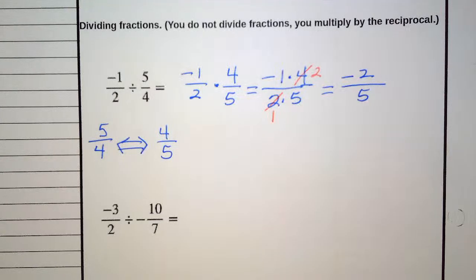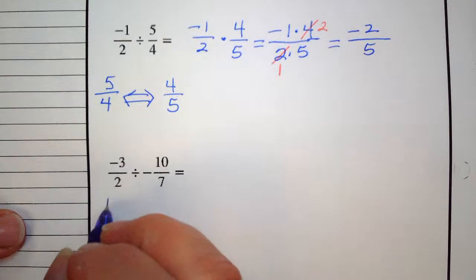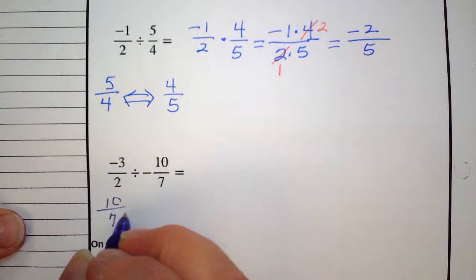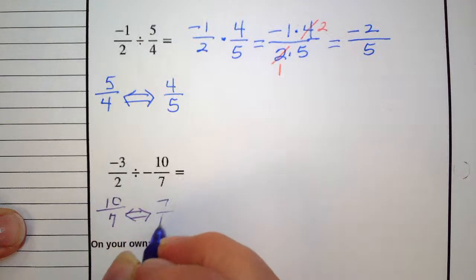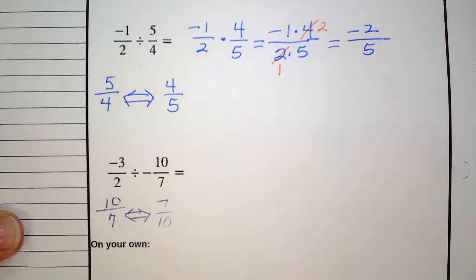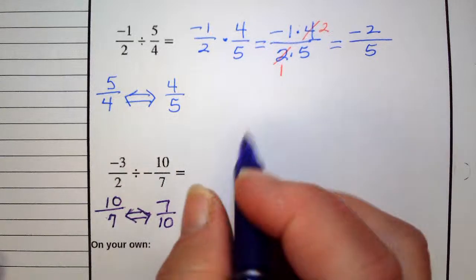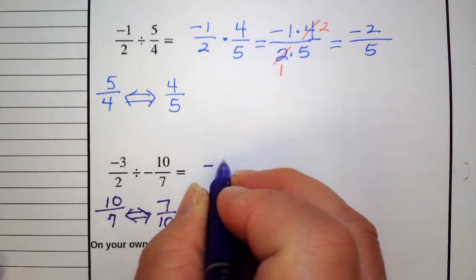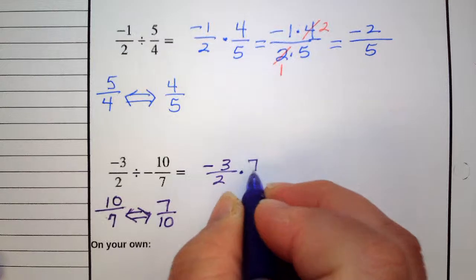For the next one, we know that the reciprocal of 10 over 7 will be 7 over 10. So now we know we've got to multiply by 7 over 10. So negative 3 over 2 times 7 over 10.